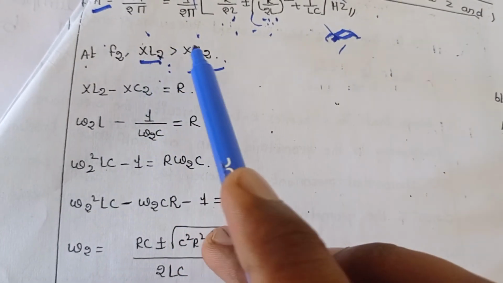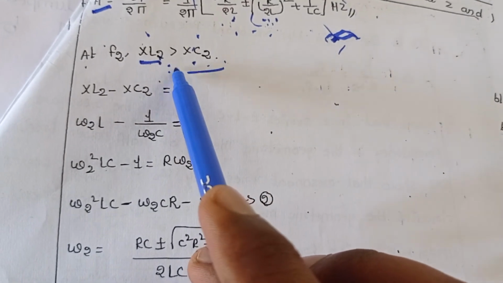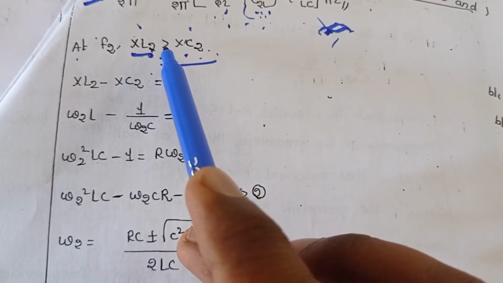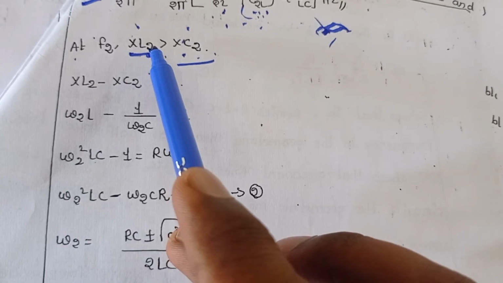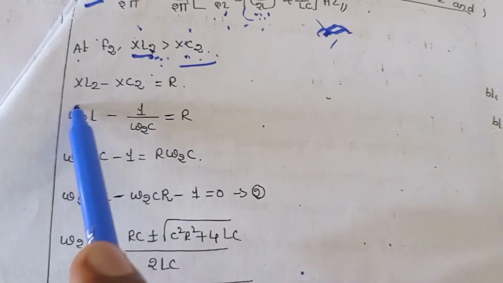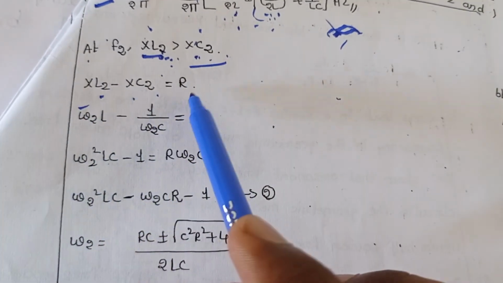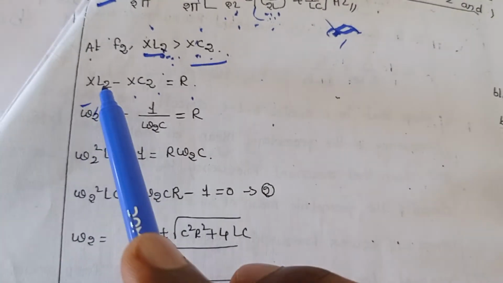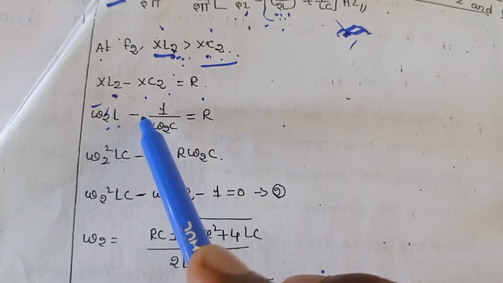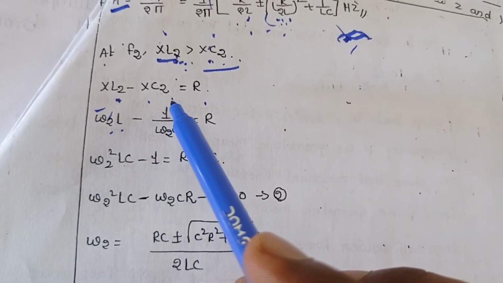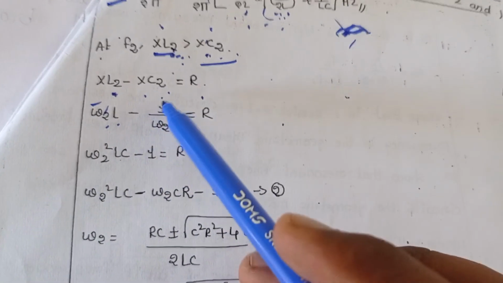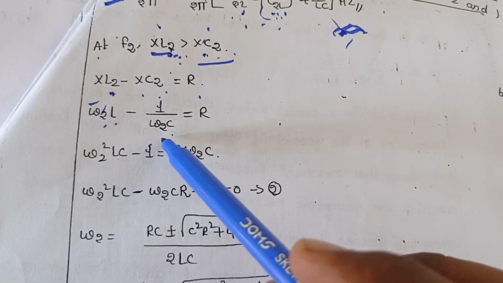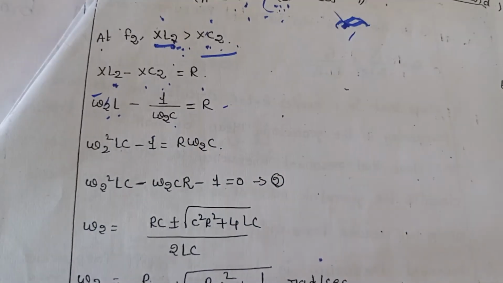The total reactance is the difference between XL2 and XC2, that is XL2 minus XC2 is equal to R. We know inductive reactance is equal to omega L. Here omega is omega 2, so omega 2 into L minus capacitive reactance, 1 by omega 2 C, equal to R.